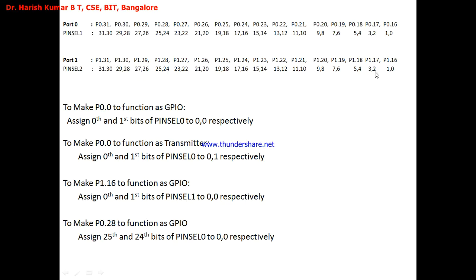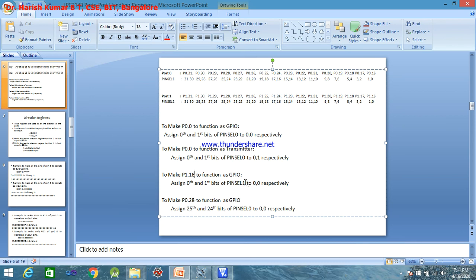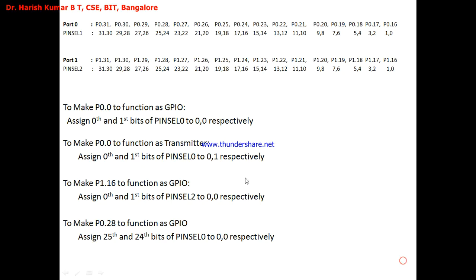To make this pin P1.16 function as GPIO, assign the 0th and first bit of PINSEL 2 to 00. That is, this is again not PINSEL 1, PINSEL 2 it is. Make the 0th and first bit of PINSEL 2 to 00 respectively.